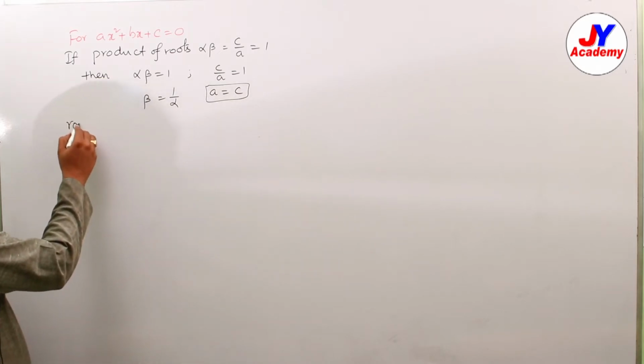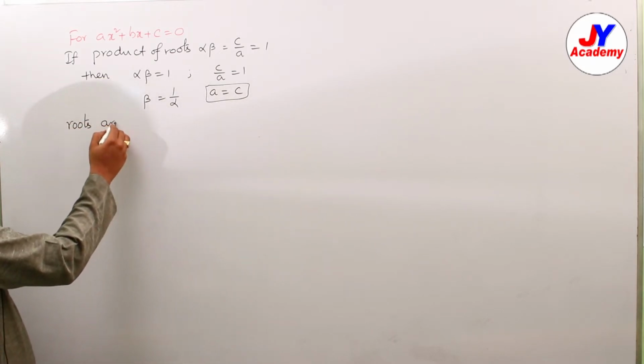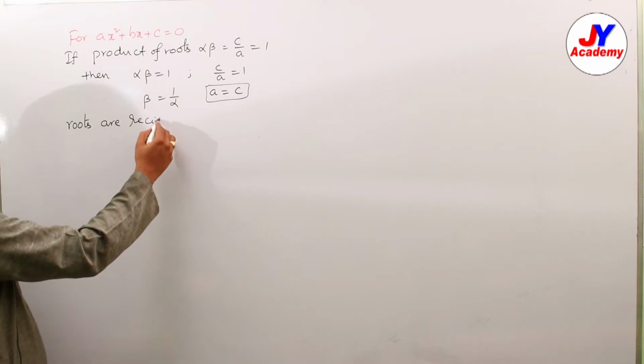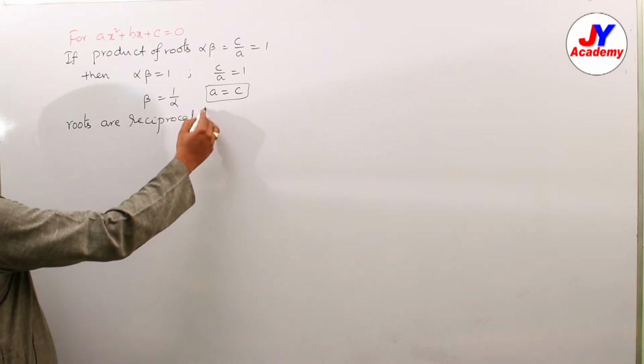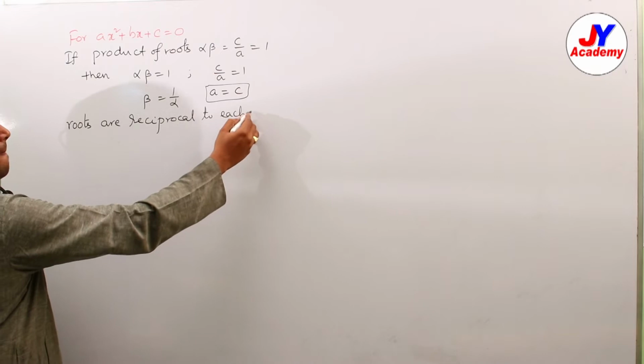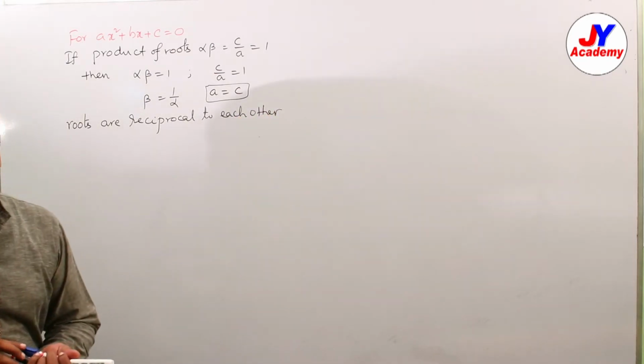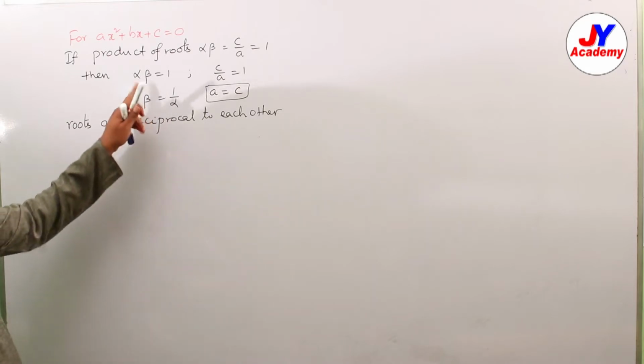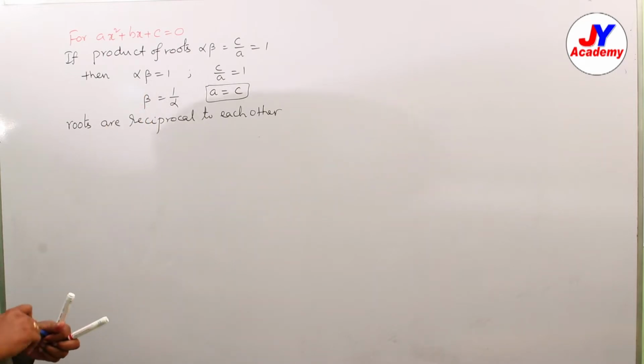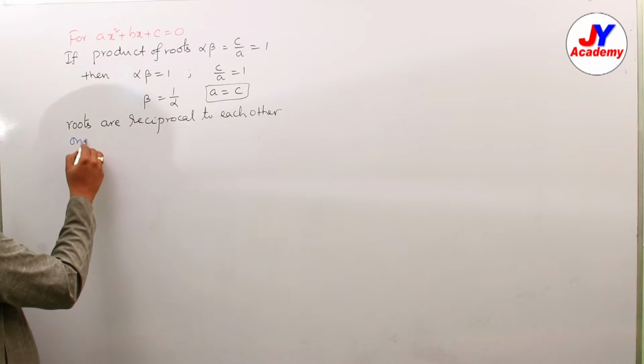So here the roots are reciprocal to each other. One root is alpha, other root is 1 by alpha.